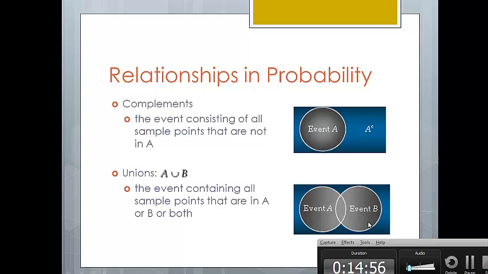Event B is liking chocolate ice cream. Well, let's face it, you go to the ice cream shop and the frozen yogurt place, and twist is an option. So there are those who do like both vanilla and chocolate. So the union would be those who like vanilla, those who like chocolate, and those who like both vanilla and chocolate. So that would include everything in A and B plus that overlap.